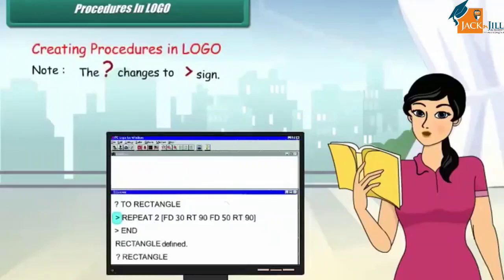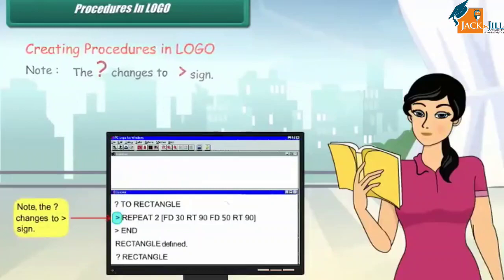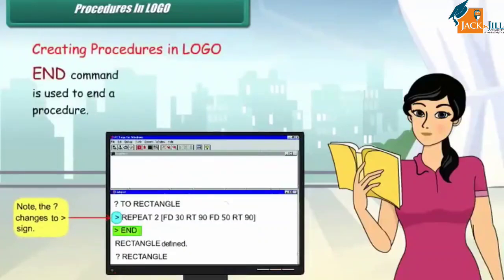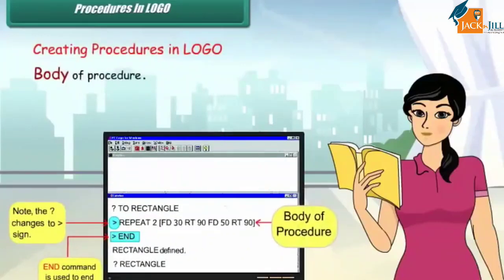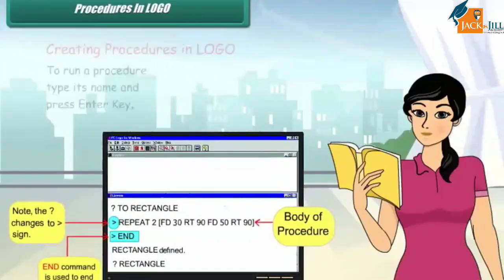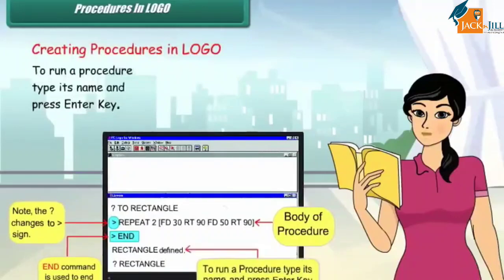Note, the question mark changes to greater than sign. END command is used to end a procedure. Body of procedure. To run a procedure, type its name and press Enter key.